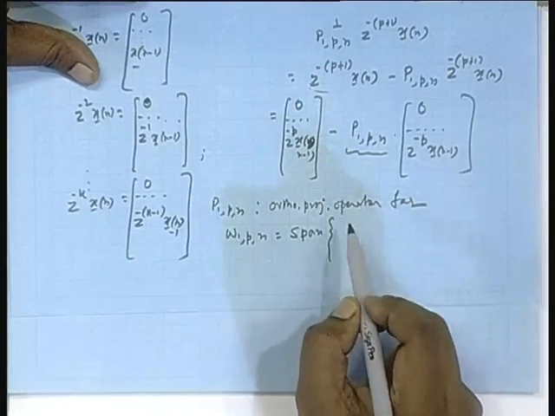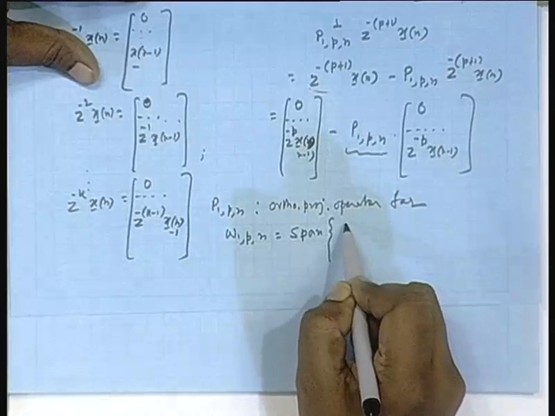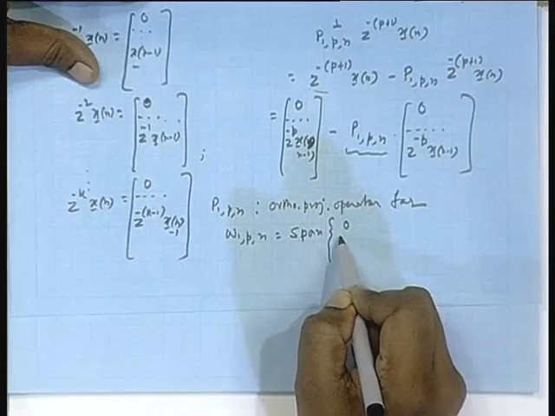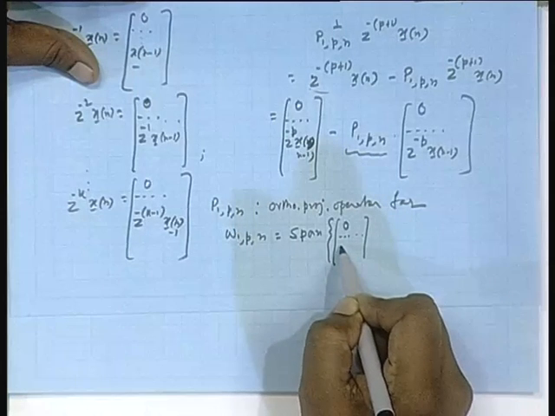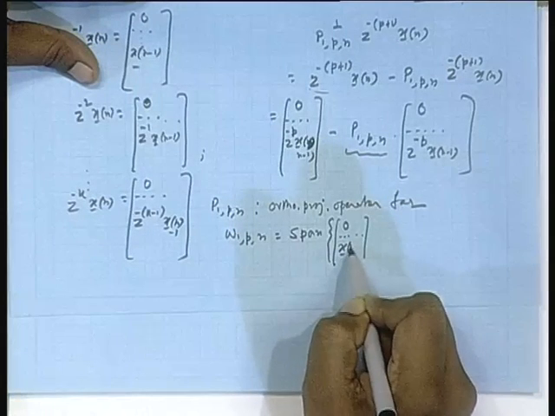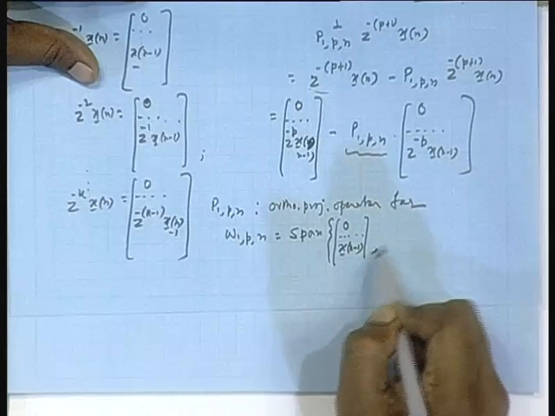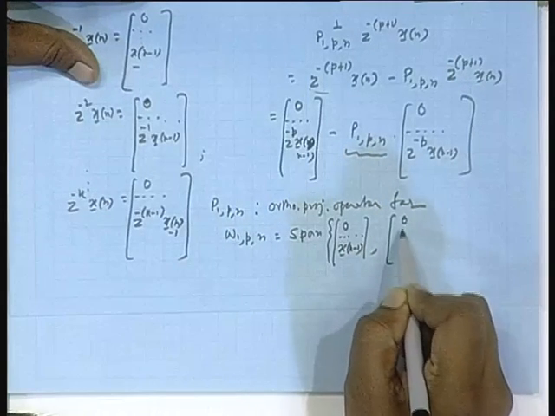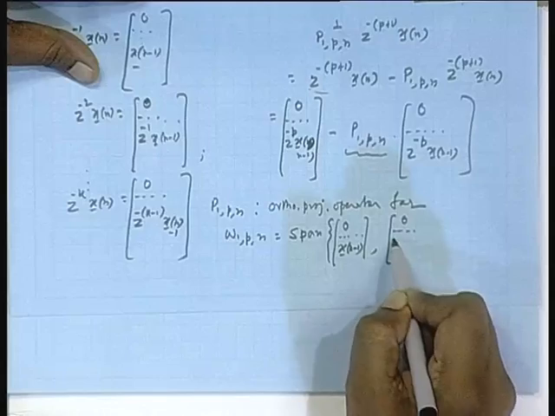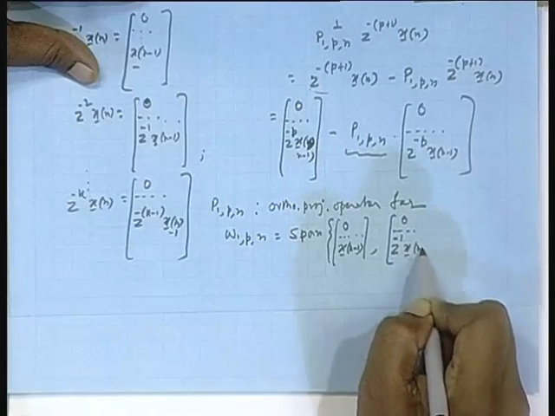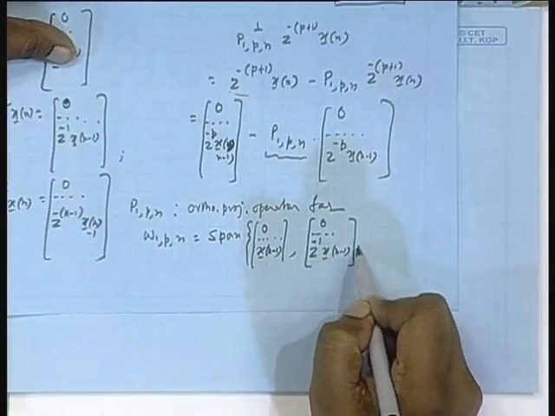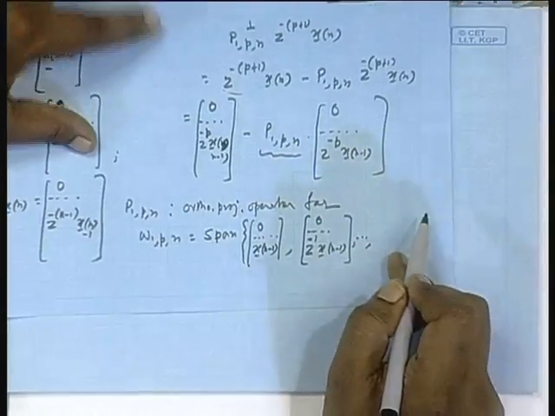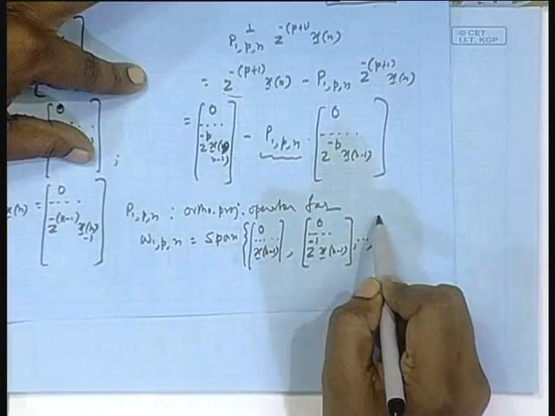Z inverse 1 x n first, that I can write as 0, there is one vector, then last one, how many? Z to the power minus p.